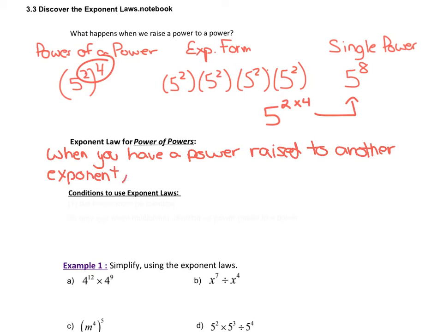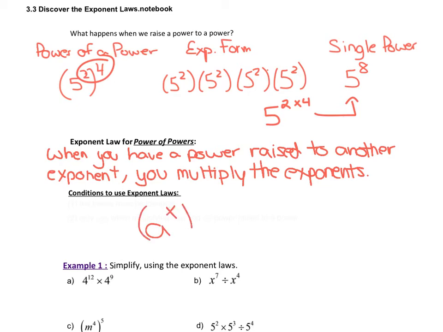You multiply the exponents. So how we set up this one is a to the power of x to the power of y is really like saying a to the x times y in the exponents, okay?